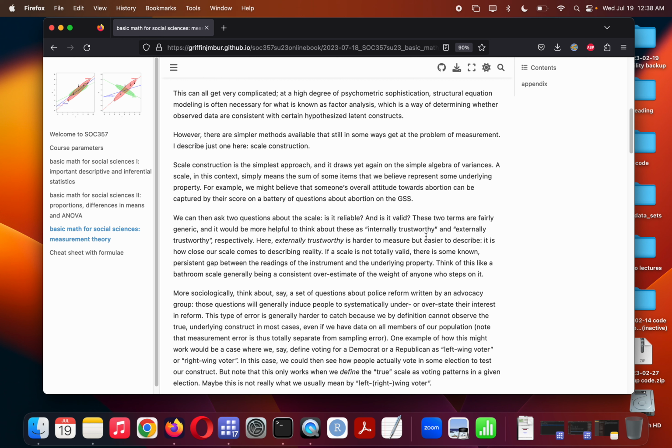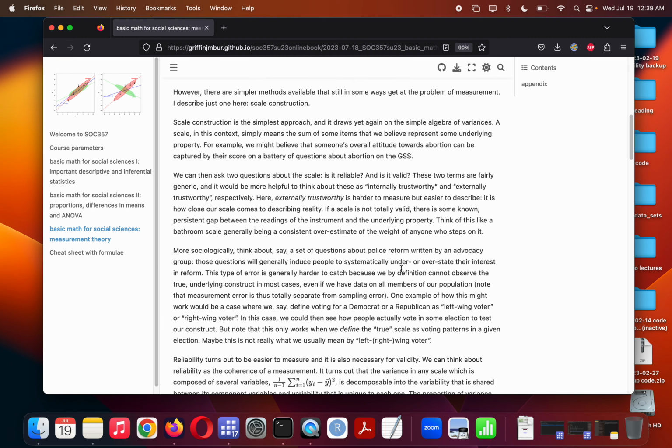So validity, or external trustworthiness, is a little bit harder to measure, but the concept is simple. It's how close our scale comes to describing reality. If a scale is not totally valid, then there is some known persistent gap between the readings of the instrument and the underlying property. So you can think about this as like a bathroom scale, which generally consistently overestimates the weight of someone who steps on it. More sociologically, you could think about a set of questions about police reform written by an advocacy group, whether for or against police reform.